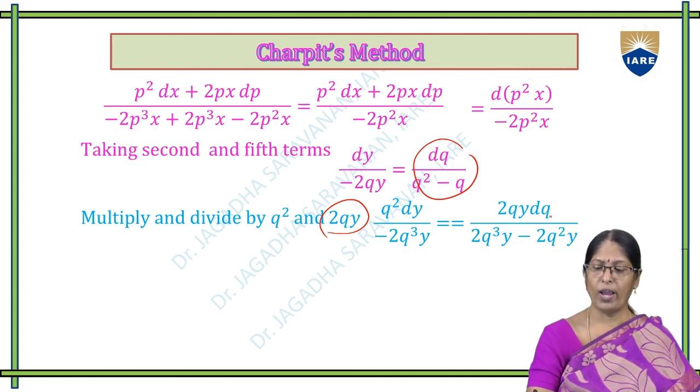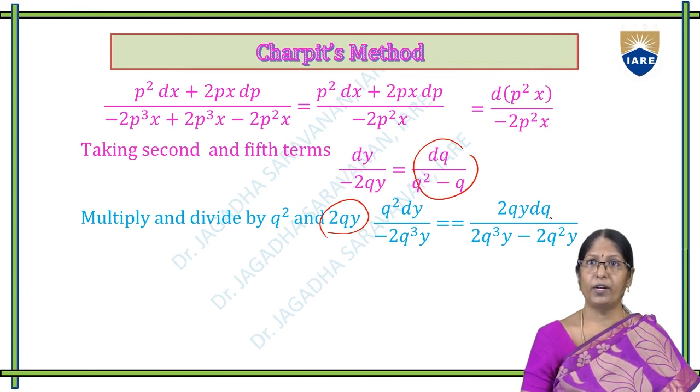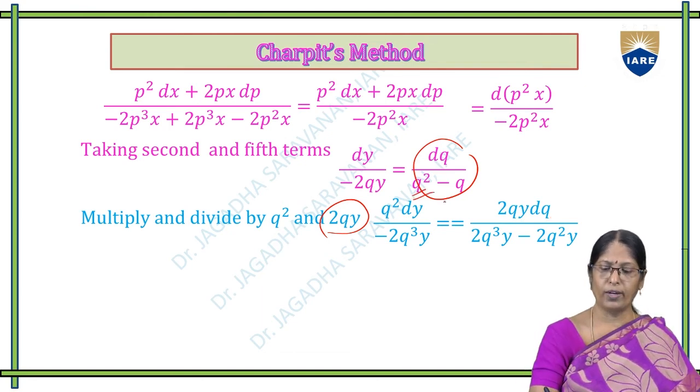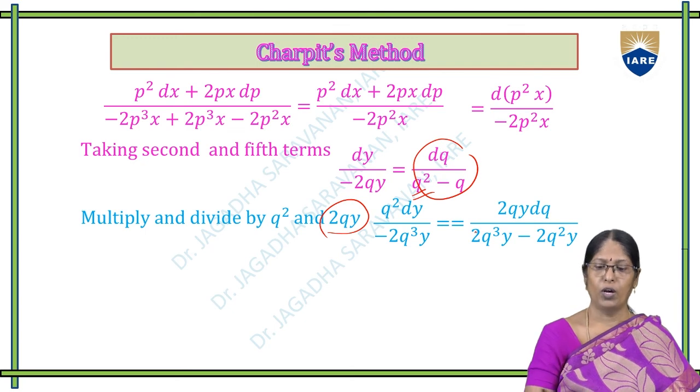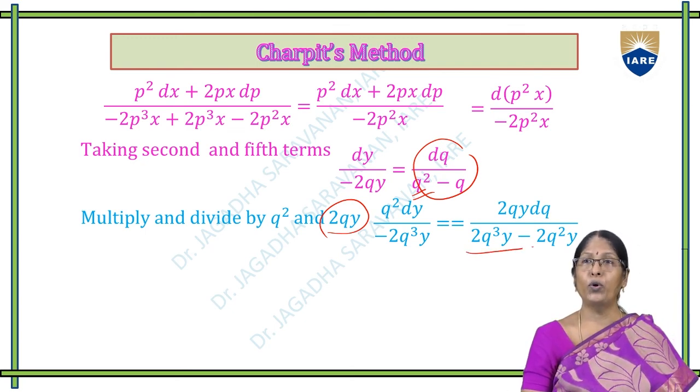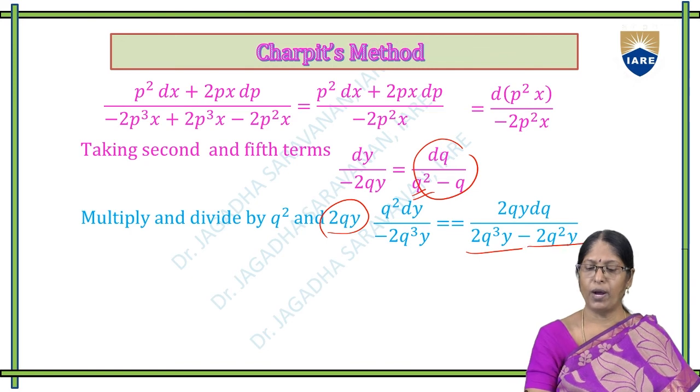So 2qy dq divided by q square into 2qy, it's nothing but 2q cube y, minus q into 2qy, it's nothing but 2q square y.